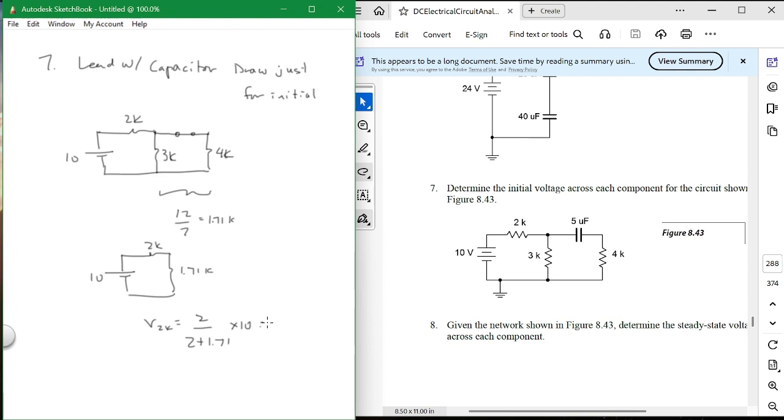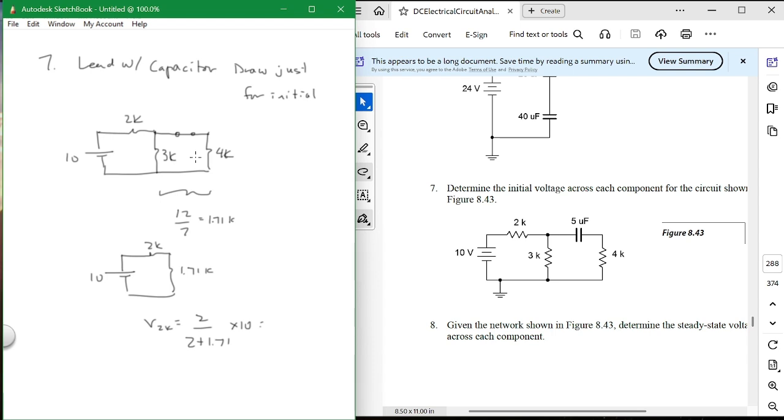Everybody follow that? Voltage divider is your best friend. Everybody agree with that? Now that's the voltage across the 2K. So basically you've reduced this down to something else, but you're only asking about it at one instant in time.